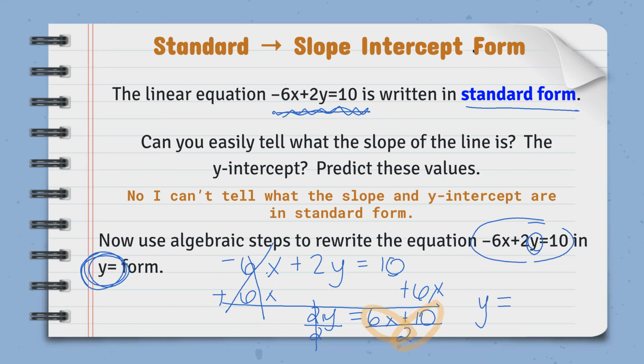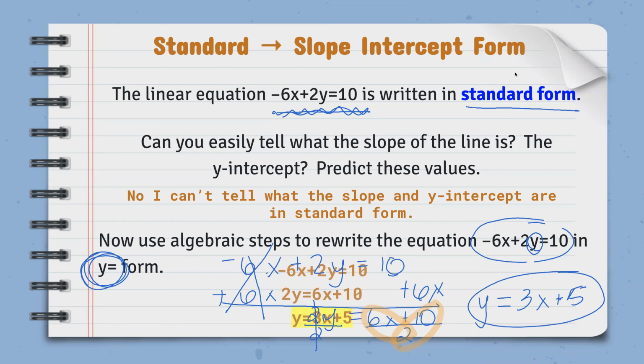So I have to think, what is 6x divided by 2? That's 3x. 10 divided by 2 is 5. So your final answer, negative 6x plus 2y is equal to 10, in slope-intercept form is y is equal to 3x plus 5.